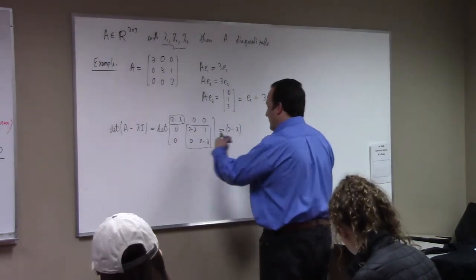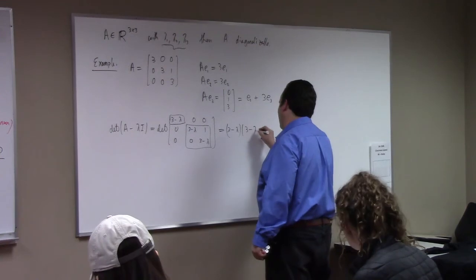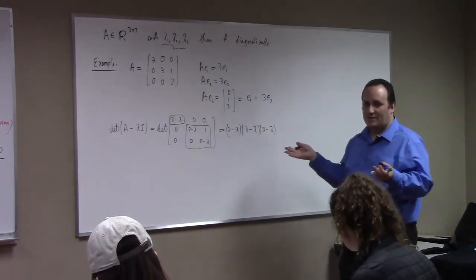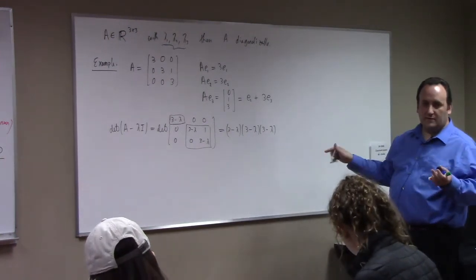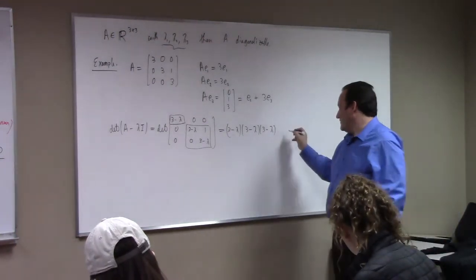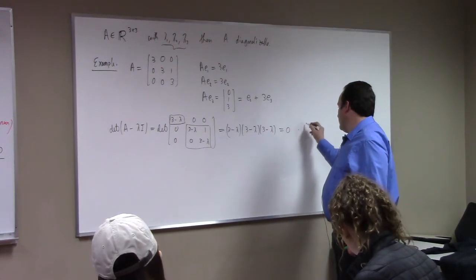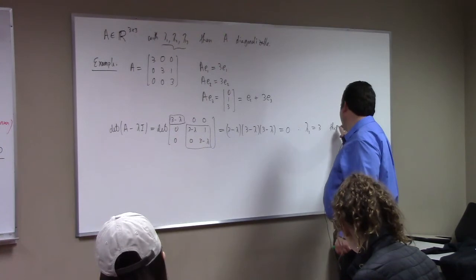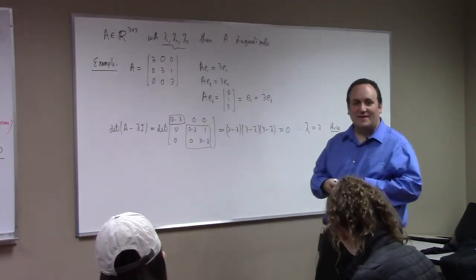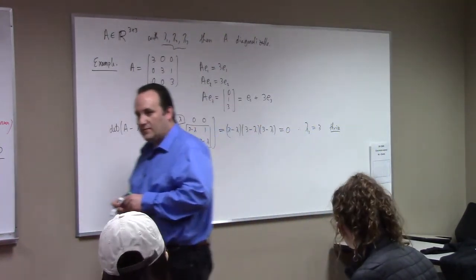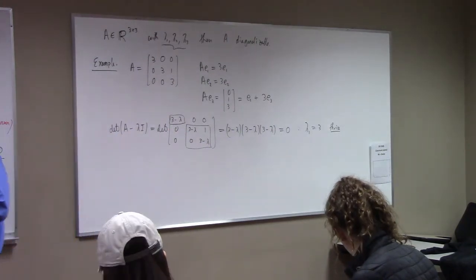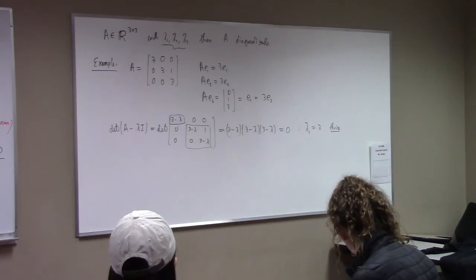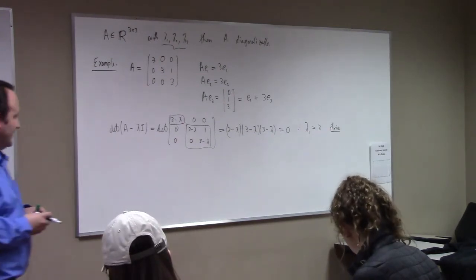This is a triangular matrix, right? So we could just multiply the diagonals to calculate the determinant. And so we have lambda 1 equals 3 thrice. Anyway, the algebraic multiplicity here is 3. The eigenvalue is also 3.